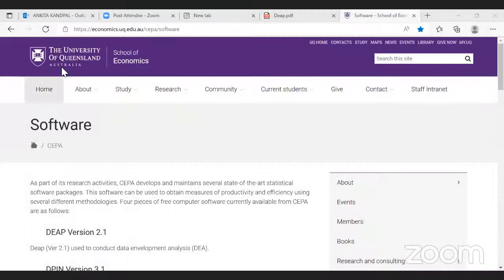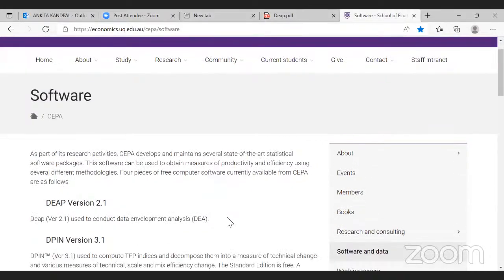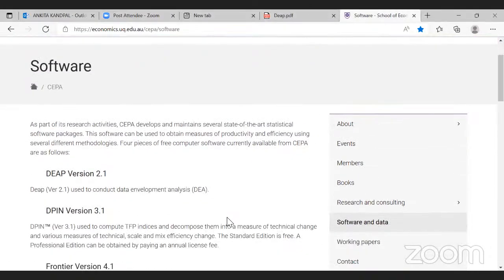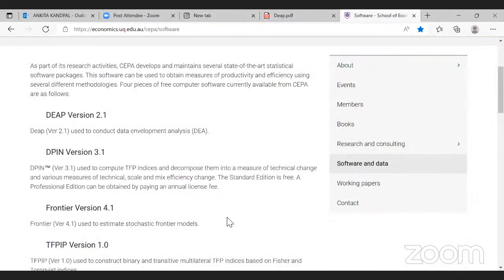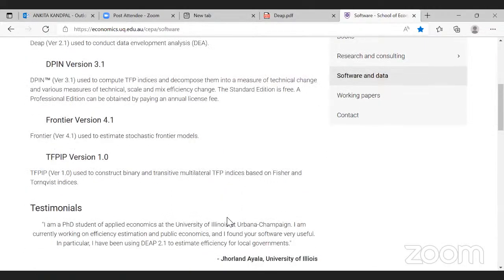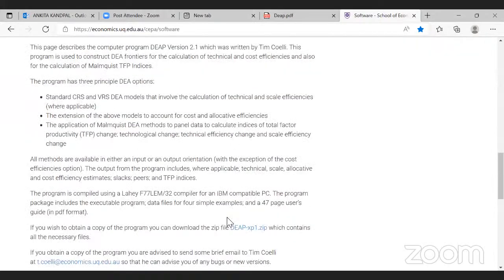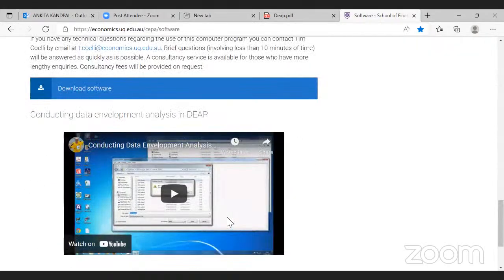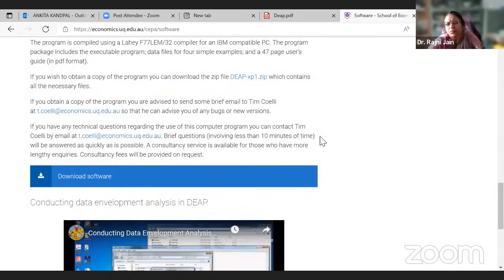Ma'am, it is available on the website of the University of Queensland. All the software related to technical efficiency, like DEAP, DPIN, Frontier, and TFP, are there. So I hope, Sugunta, your question is answered.